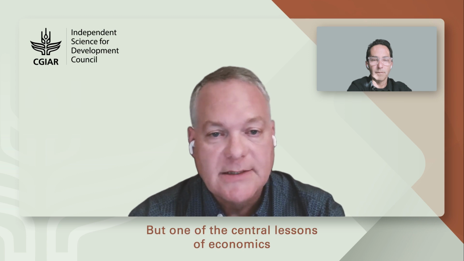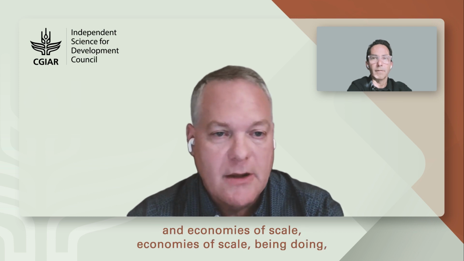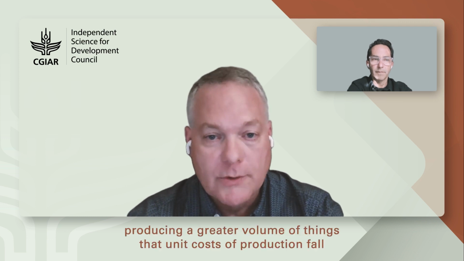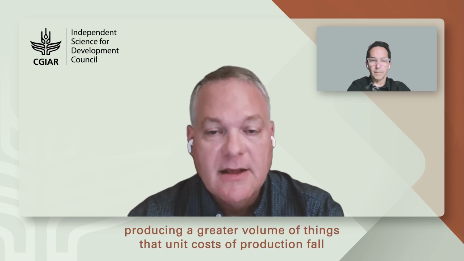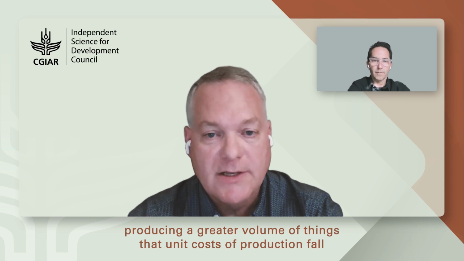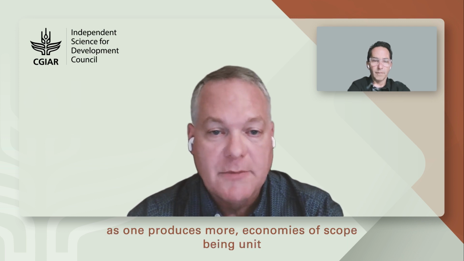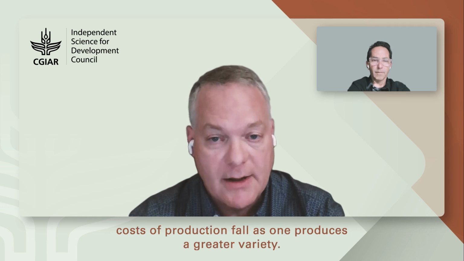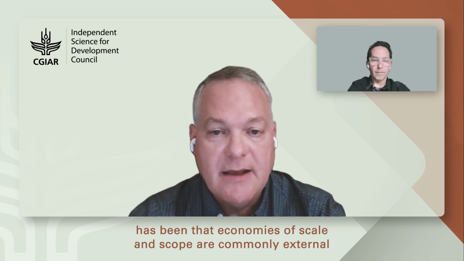But one of the central lessons of economics over the last 20 or so years has been that economies of scope and economies of scale, being producing a greater volume of things, that unit costs of production fall as one produces more, economies of scope being unit costs of production fall as one produces a greater variety, are commonly external to an organization.